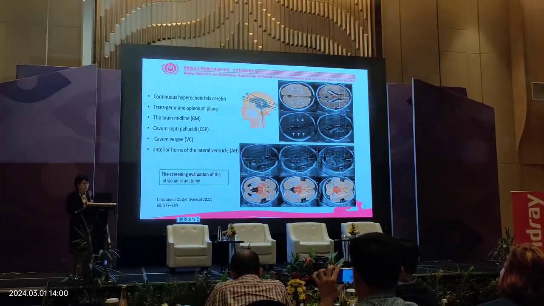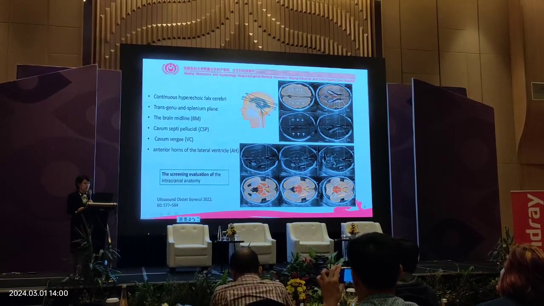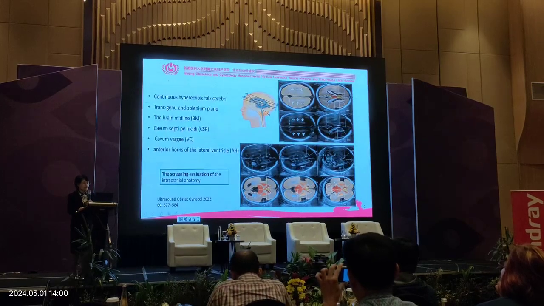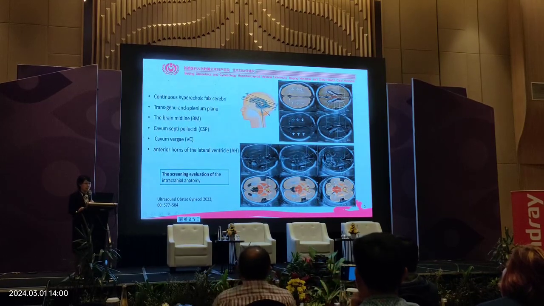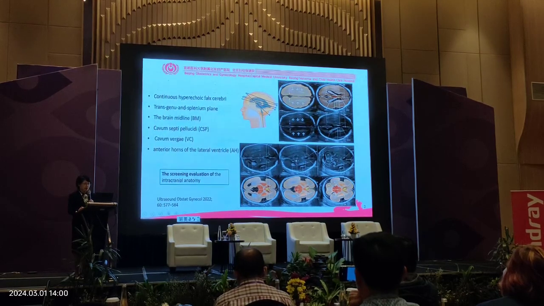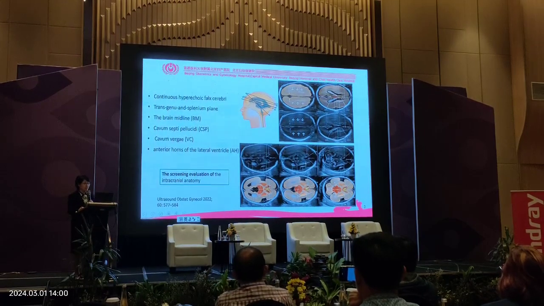Usually we evaluate the intracranial anatomy, including the falx cerebri in different sections, the transthalamic and splenium planes, the pre-midline, and the cavum septi pellucidi (CSP) here, the callosal body and the anterior half of the lateral ventricles.